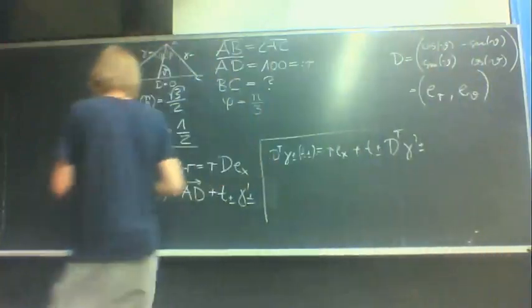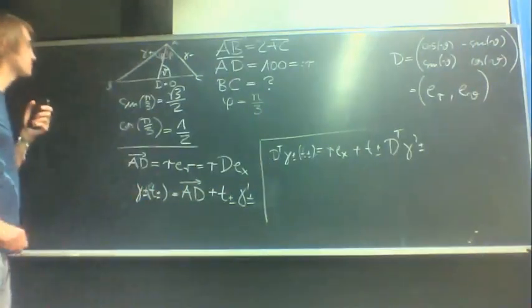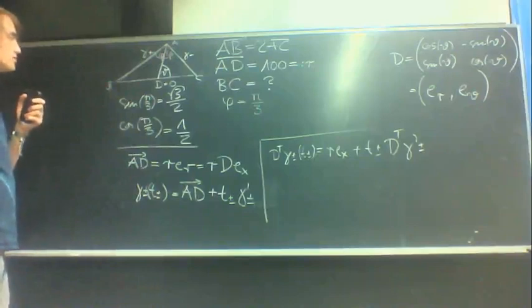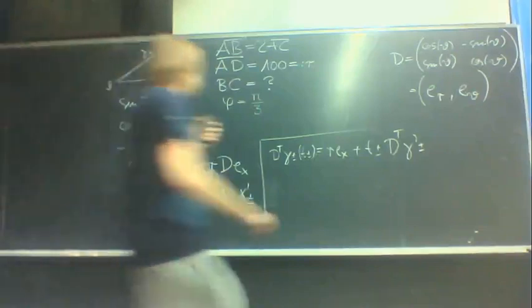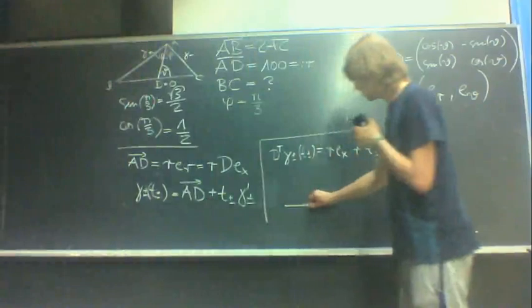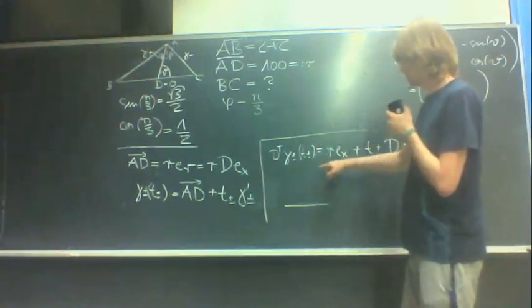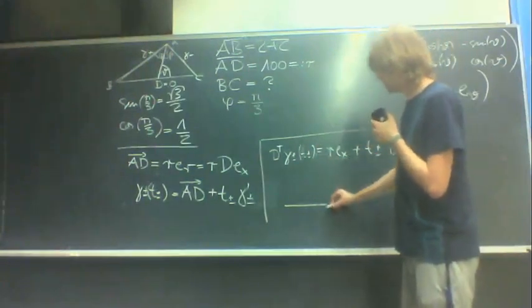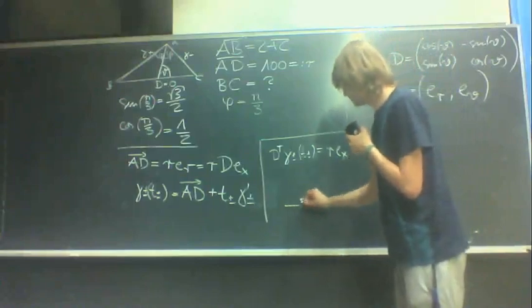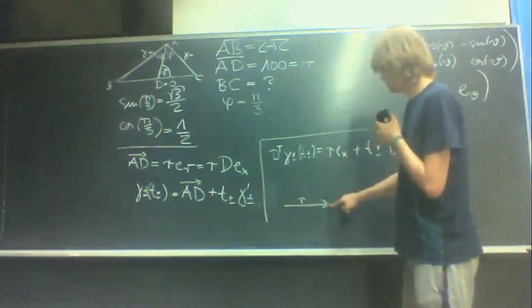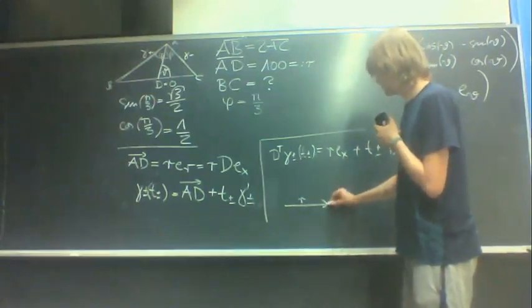And now we want gamma prime to have the length of 1. So we know that this is R times EX, so this will be R, and we will end up right here.